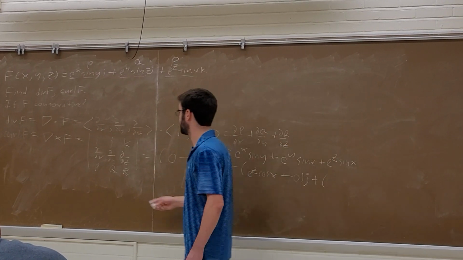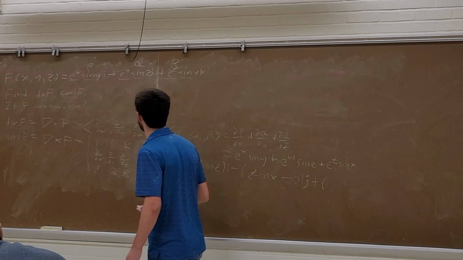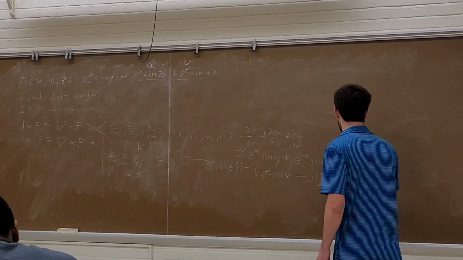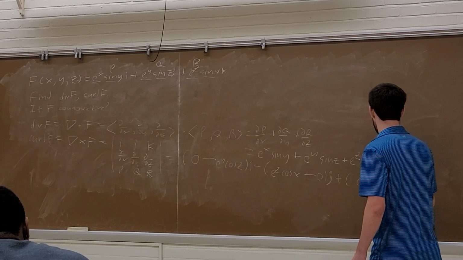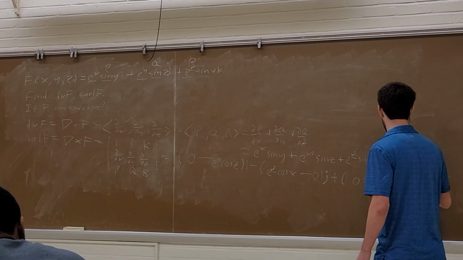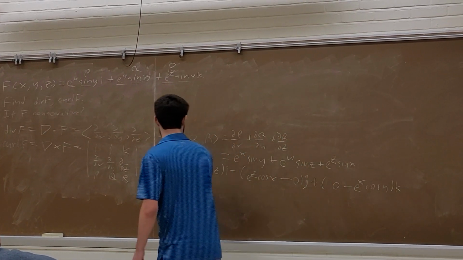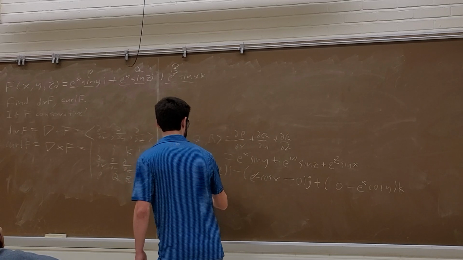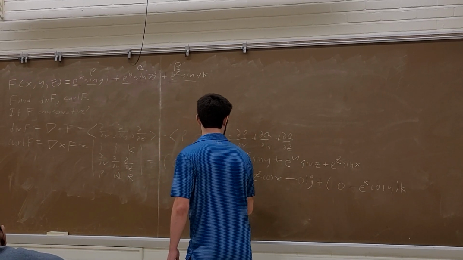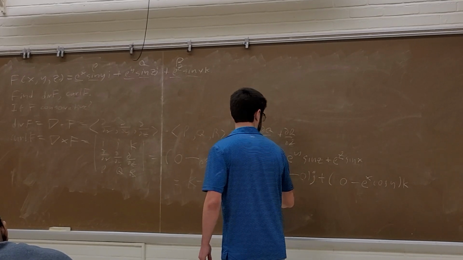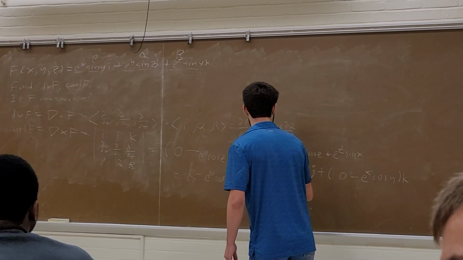And then we have dq dx is 0, and dp dy is e to the x cosine y. So if you simplify this, you get e to the y cosine z, minus e to the z cosine x, and then minus e to the x cosine y.